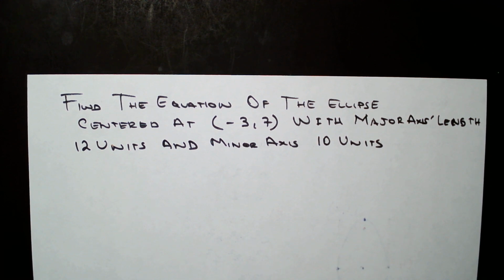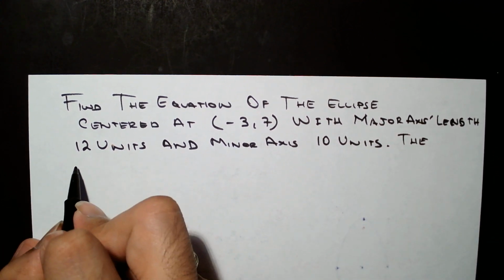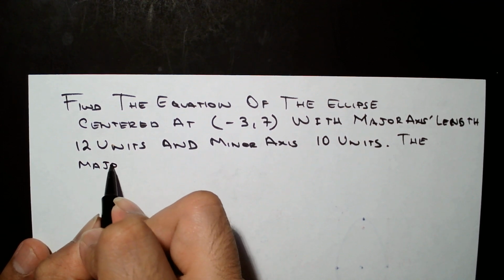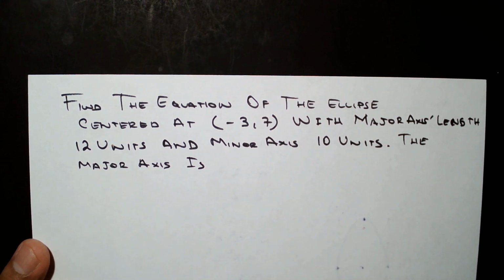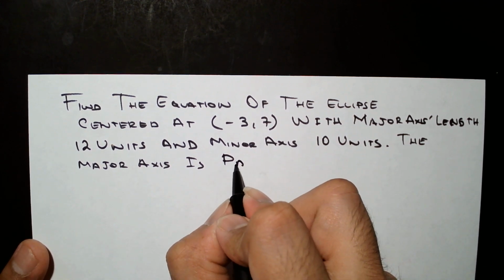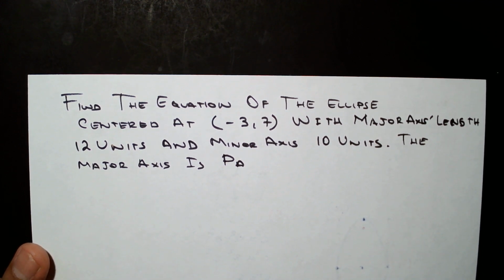Now the thing is, in this case, the major axis is parallel. Yes, because if I just give you the major axis and the minor axis, well, which one is it, the vertical or the horizontal?